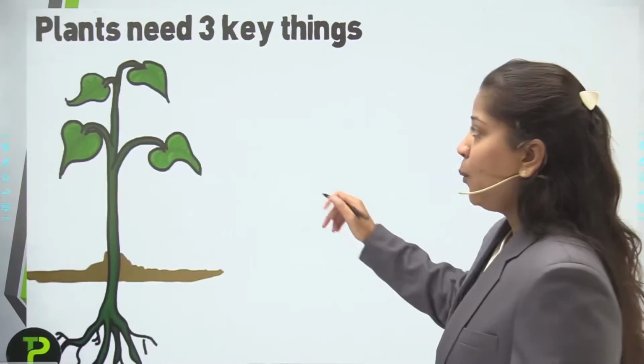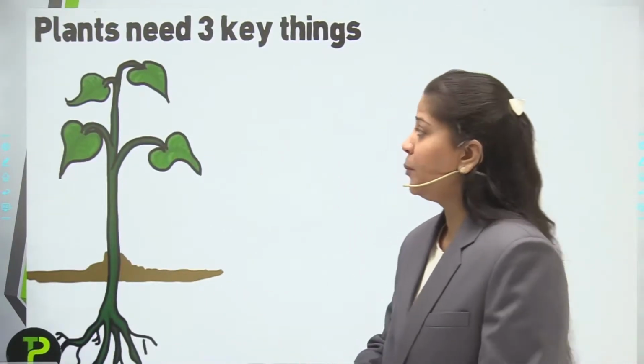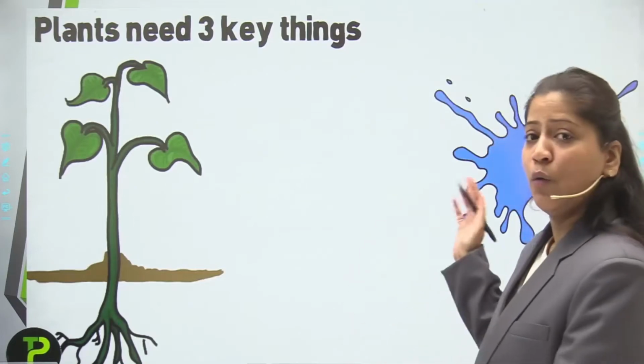Now, here is a video which tells us how plants make their food and what conditions they need to make their food. Let us watch the video now. So, plants need 3 things to make their food. One is water.